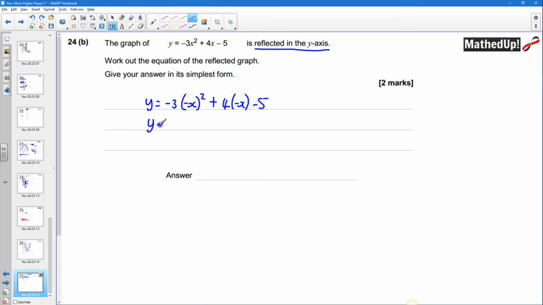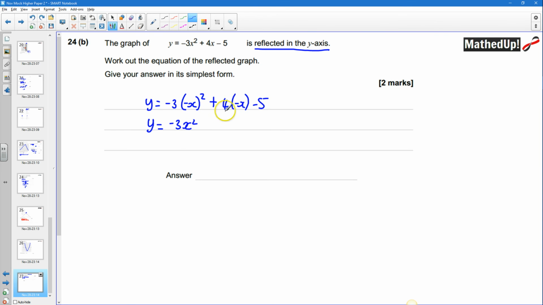So that's y is equal to negative 3, and that negative x squared is the same as a positive x squared. Because it doesn't matter if I've got a negative number and I square it, it's going to be positive. So we can just write it as x squared.